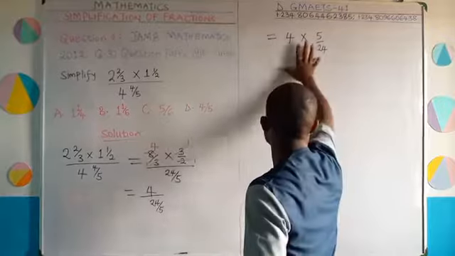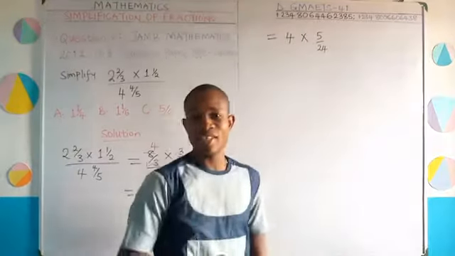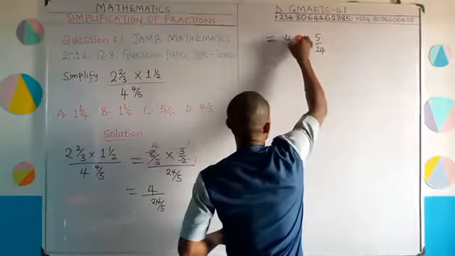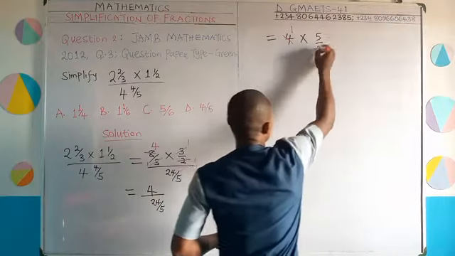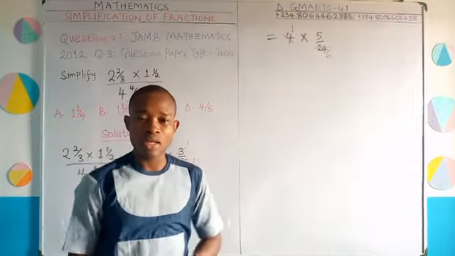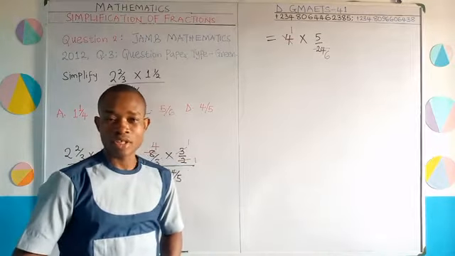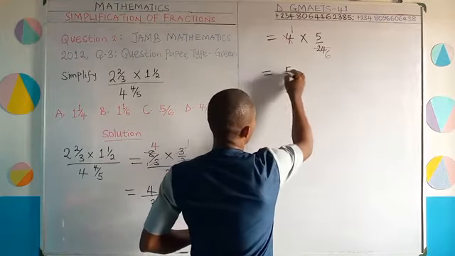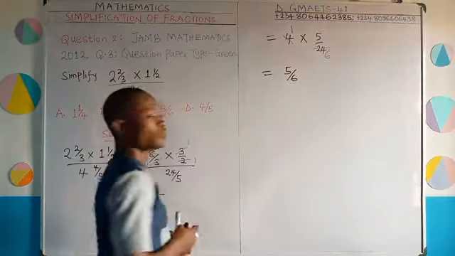Now looking at this, we can still divide through something. 4 can divide 4, 1. 4 can divide 24 and you have 6. This needs a good knowledge of multiplication in order to be fast in division. This gives us 5 over 6.